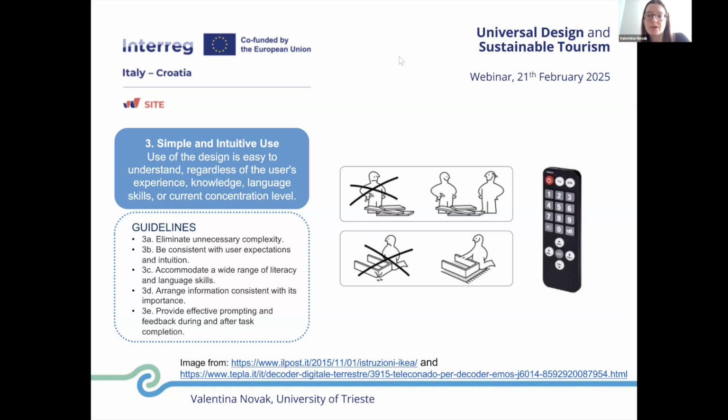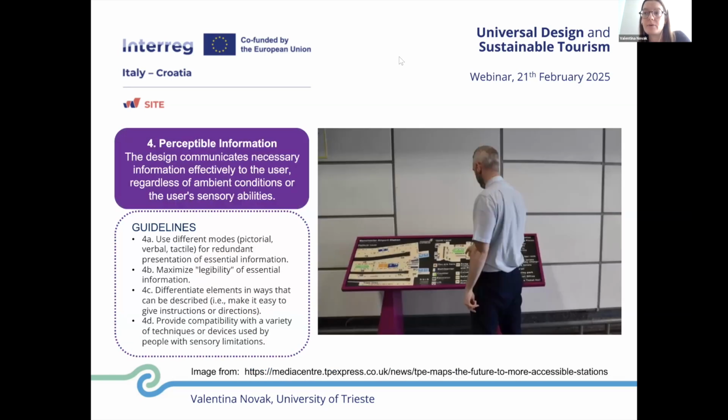to use different tools. Regarding the fourth principle, perceptible information, the guidelines are to use different modes, so pictorial, verbal, and tactile, for redundant presentation of essential information, maximize the legibility of essential information, and differentiate the elements in ways that can be described.